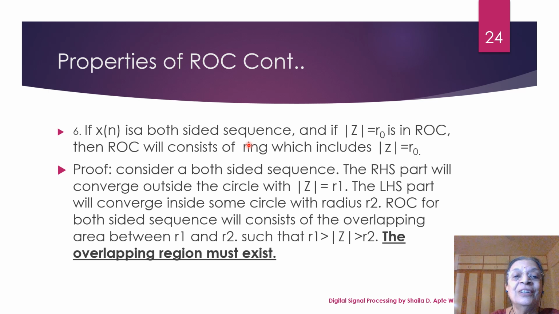Now if you want the common area of convergence to exist for the left-handed sequence and the right-handed sequence, we will have to see that the outside radius for which it converges should be R1 and the inside radius for which it converges should be R2. So in this case the overlapping area must exist.